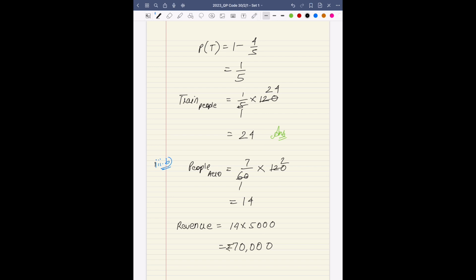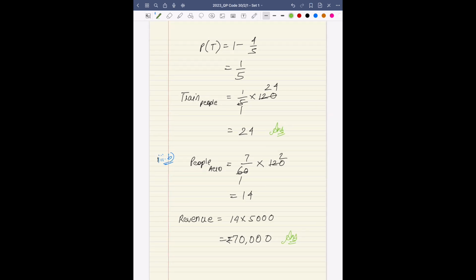Revenue is how much? 70,000 rupees will be collected by the air company if 14 people are traveling by air. So multiply by 5,000 because one person's price is 5,000. Okay, so this is your answer.